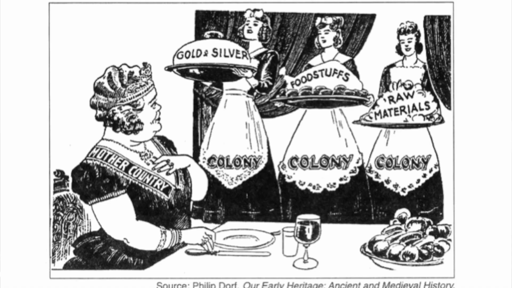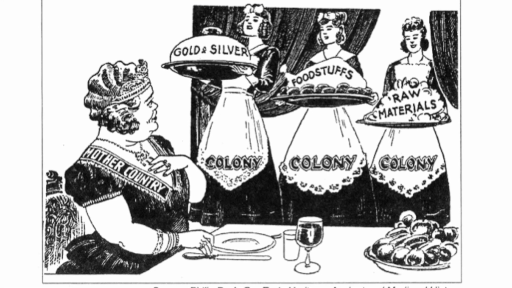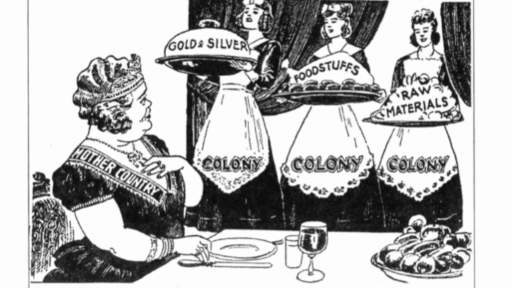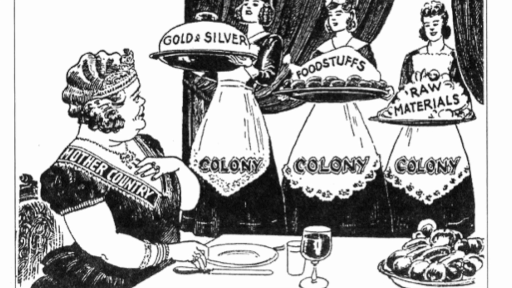Colonies figure into this very prominently as well. They figure into mercantilism. They are supposed to provide the mother countries and these joint stock companies with raw goods, raw materials, okay, such as tobacco, sugar, timber, precious metals, stuff like that, that will then be produced into more of a consumer good.